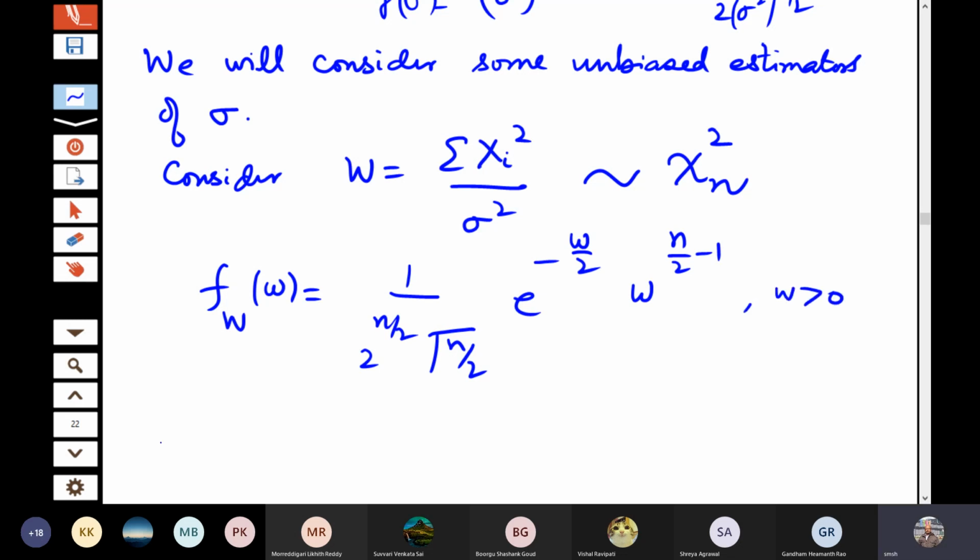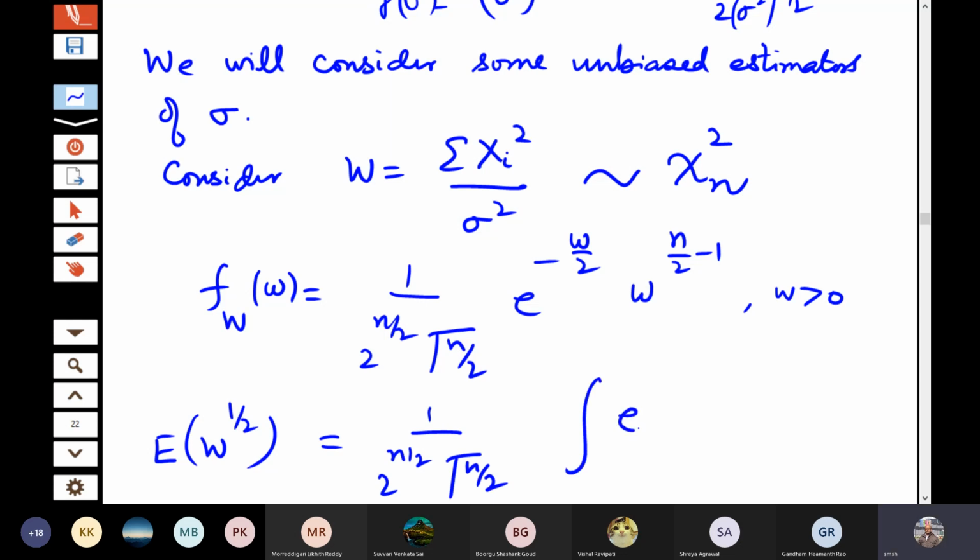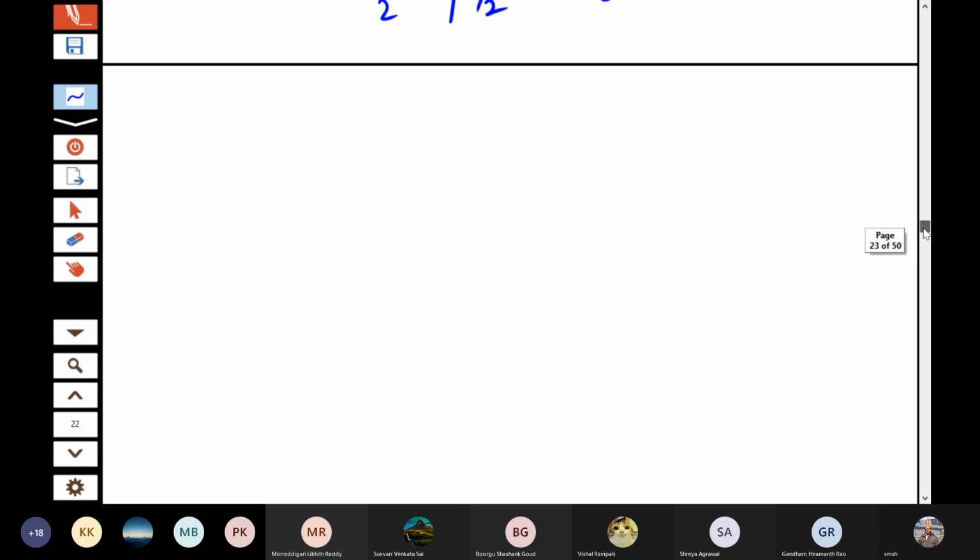So if I consider expectation of W to the power half, what will I get? That is 1 by 2 to the power n by 2 gamma n by 2, e to the power minus w by 2, w to the power (n plus 1) by 2 minus 1. So this is another gamma function.